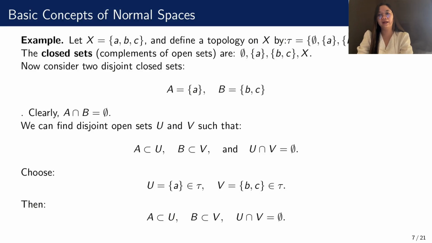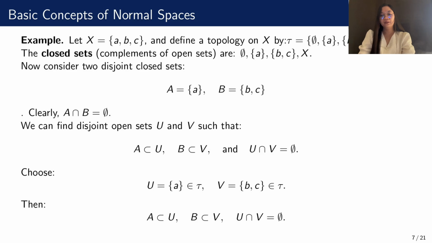Okay, so we know that the elements in the topology are open, so the complement of an open set is closed. That's why in getting the closed sets, we get the complements of open sets. So the complement of the empty set is X, the complement of A is BC, the complement of BC is A, and the complement of X is the empty set.